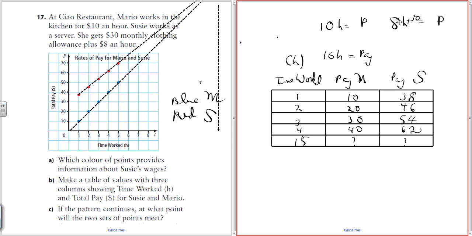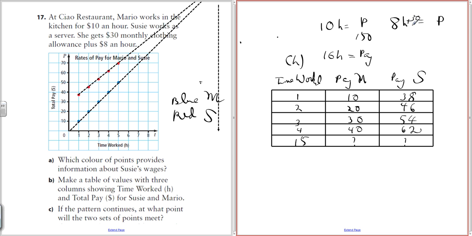So we see that 8H plus 30 equals her pay, and 10H equals his pay. So at what number will the hours be the same? Let's just check that. We think it looks like 15. So $10 an hour times 15, his pay would be $150. 8 times 15, well, 10 times 8 is 80, and 5 times 8 is 40, so 8 times 15 hours worked is 120.